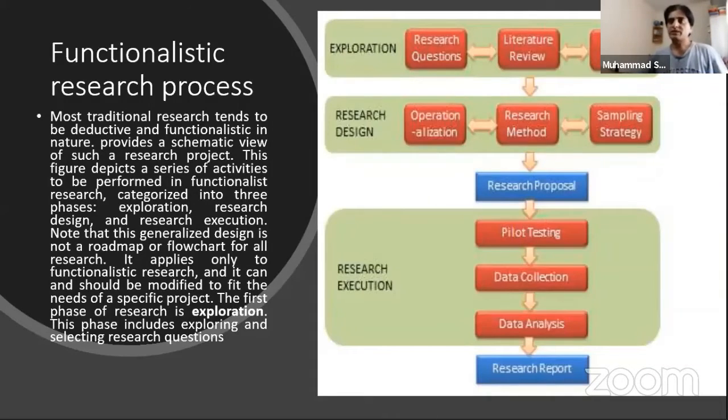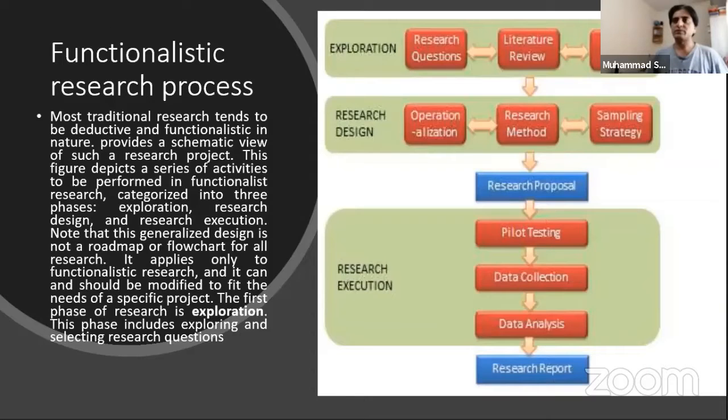So I would like to explain this diagram, which reflects the larger framework or the larger paradigm of developing a research proposal, focusing on the exploration phase, research design, and later on research execution. Research execution is not part of your research proposal.